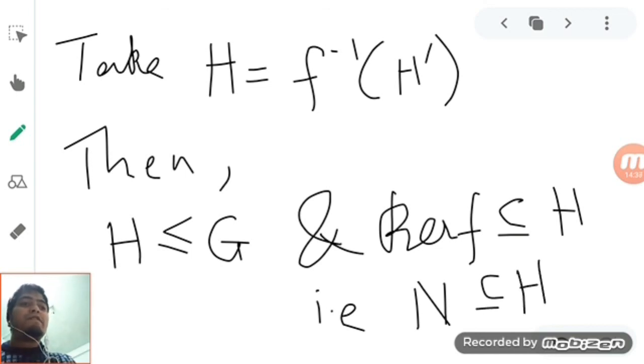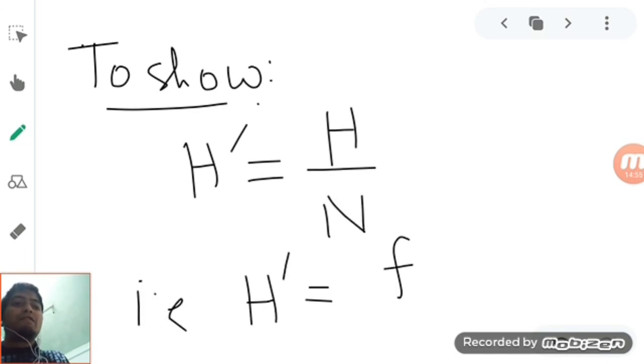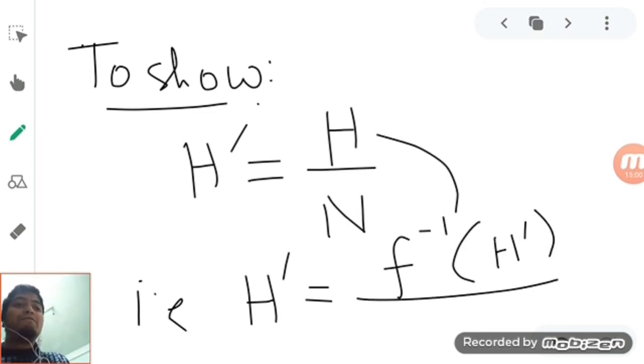So now all that is left to show is this. We need to show that H dash is equal to H by n. That is, H dash equal to the pre-image of H dash by n. We have taken H to be this by n.